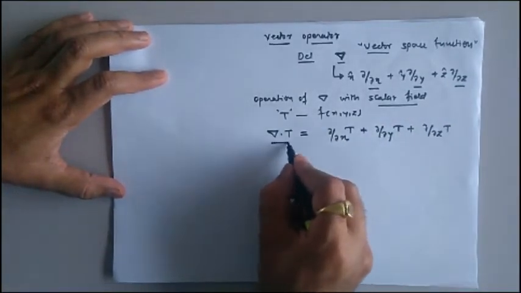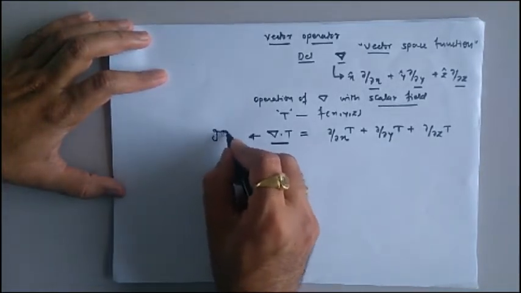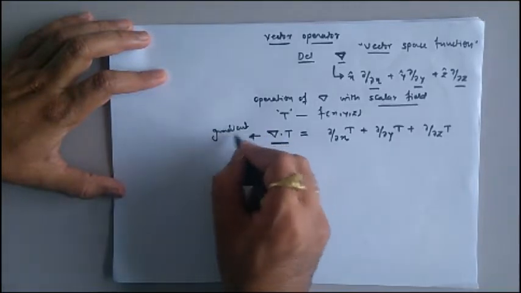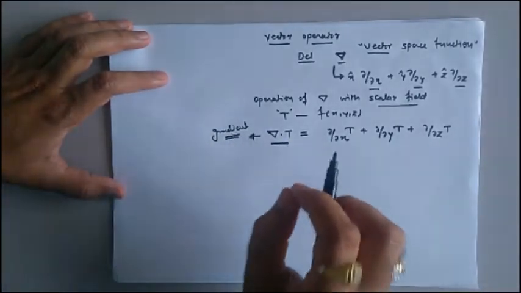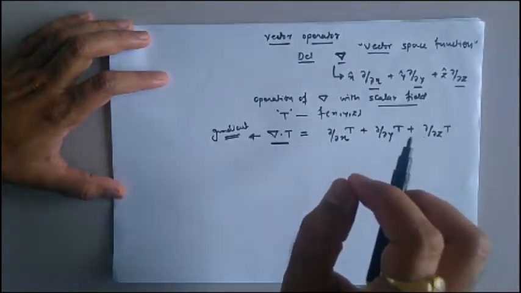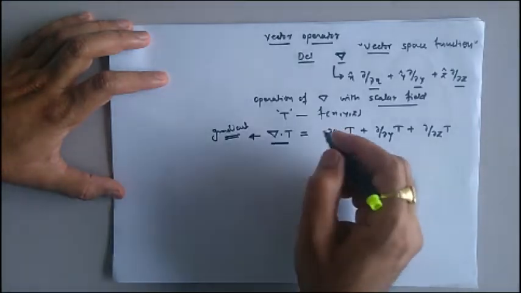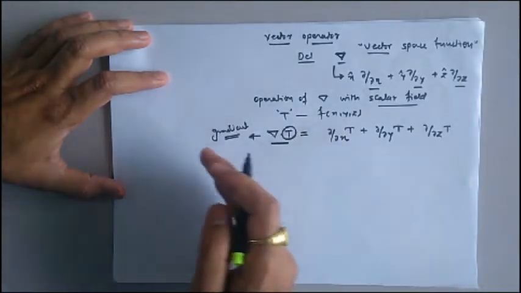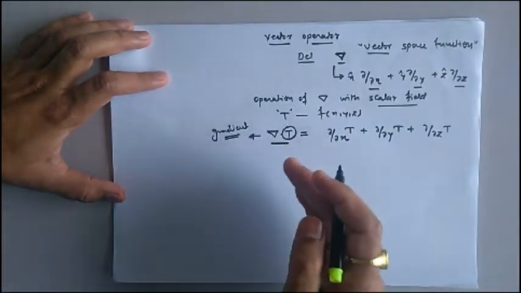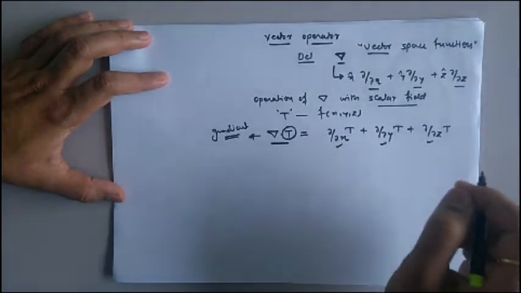Then this del T is known as the gradient, which is very, very important. Now what is gradient? Gradient is nothing but a mathematical operation with the help of which we are trying to identify how a given scalar field is going to change with respect to position in all three dimensions of a given Cartesian coordinate system.